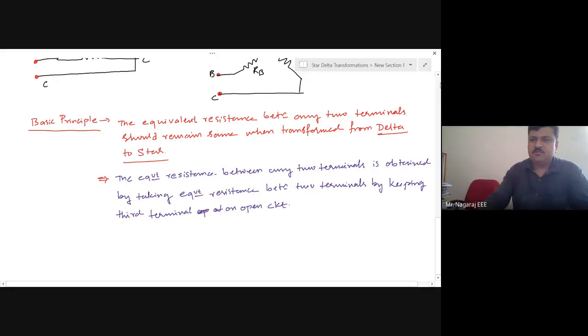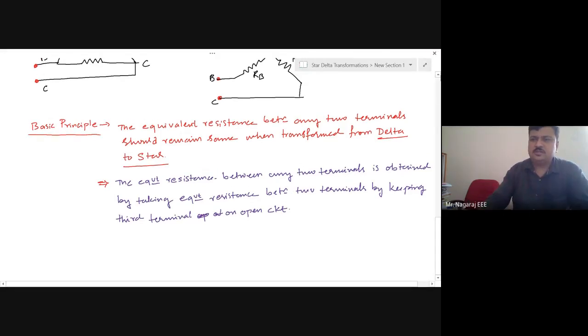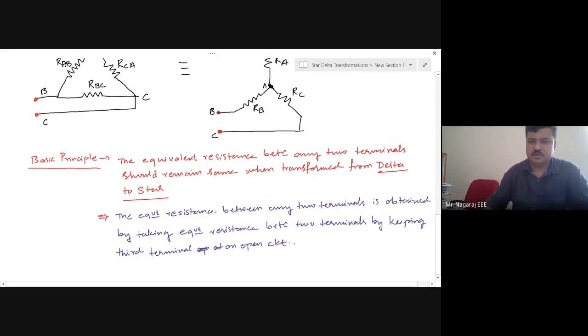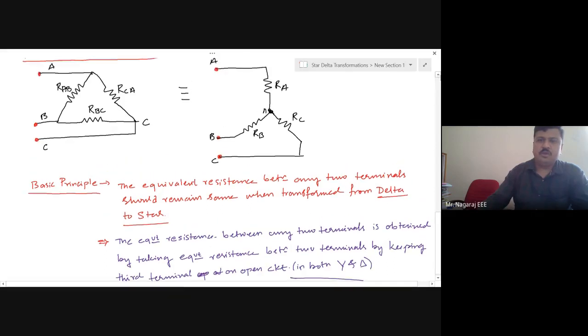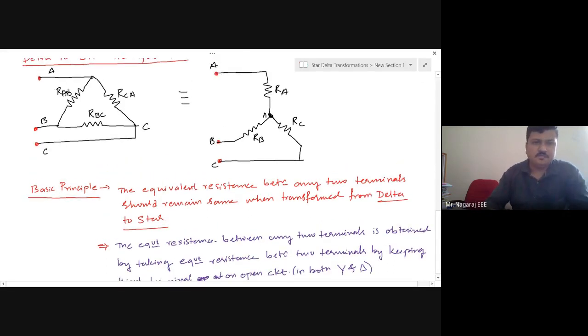Now, in both the cases it is true, in both star and delta, not only in star or only in delta. If I want to find the equivalent resistance between A and B, I should keep the terminal C open and find the equivalent resistance between A and B in delta.